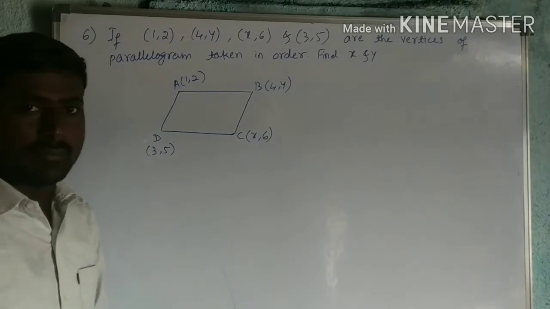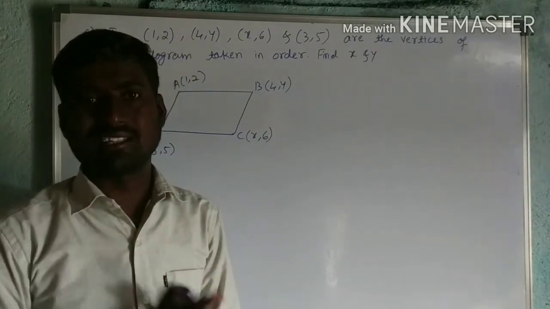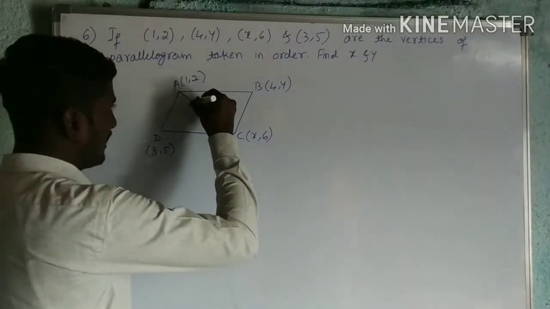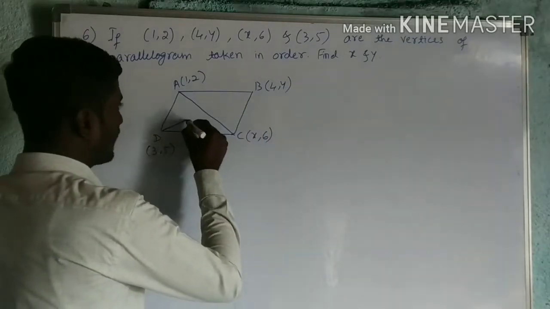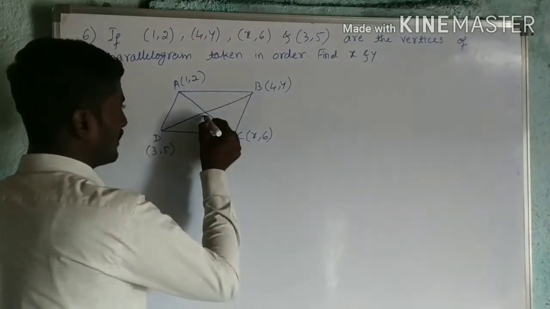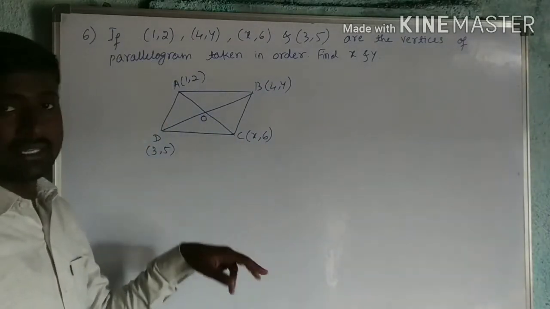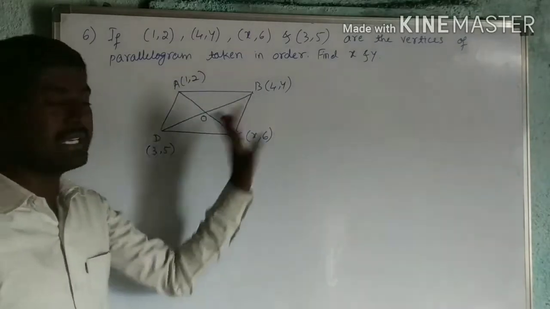Now in a parallelogram we know the diagonals bisect each other. First I will draw the diagonal AC, and now I draw the diagonal BD. The point of intersection is O. It means O is the midpoint of AC as well as BD.